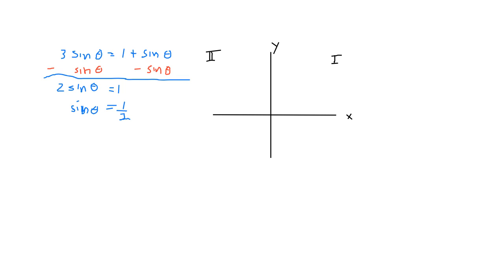Okay, so the sine of theta is equal to 1/2. I'm going to draw a right triangle, of course. And I'm going to put a 1 there and a 2 here.